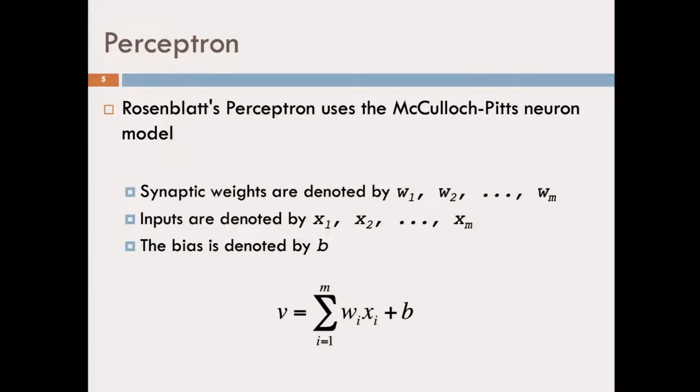The inputs are denoted by X1, X2, and Xn. And we have a bias that's denoted by B. The function of the bias is to move the hyperplane in different directions.